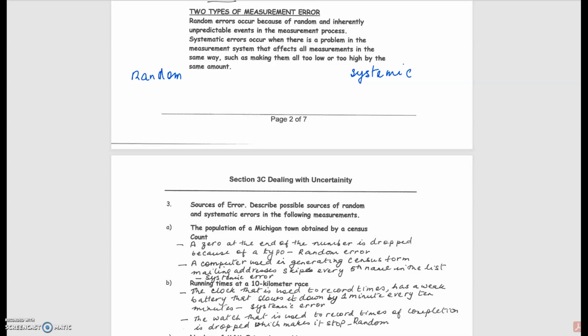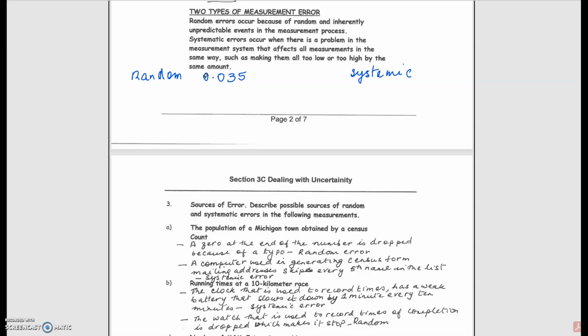Let's say you're measuring something in a chemistry lab and the scales show 0.035 grams, and you make a note of it in your lab manual, and when you write it down, let's say you write it as 0.35 grams.